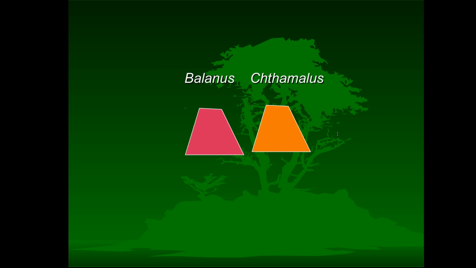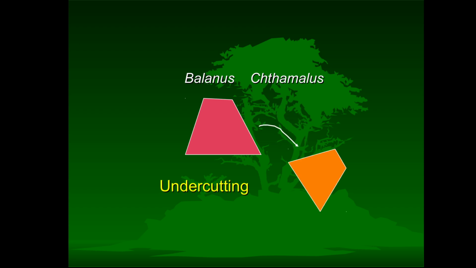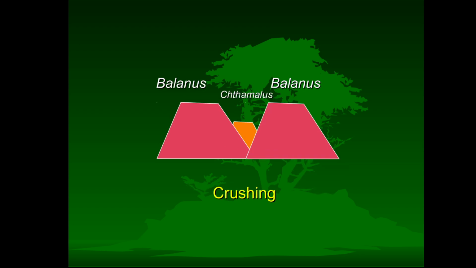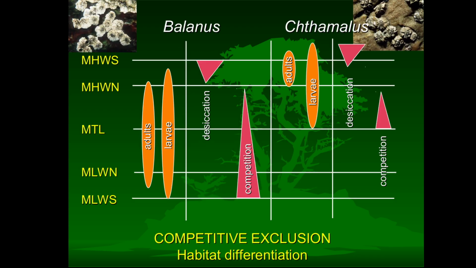As the Balanus juveniles grew to larger size, they overgrew or undercut or crushed the Thamylus. All right. So the Balanus apparently has stronger shells, and Thamylus is unable to defend itself, at least in the lower intertidal.